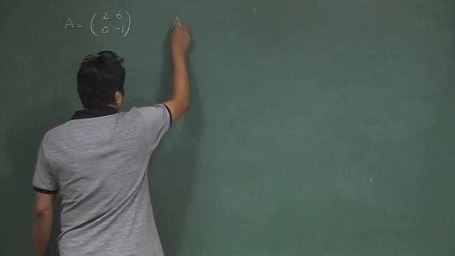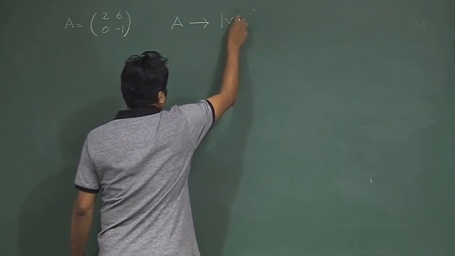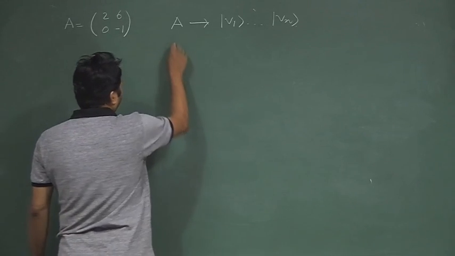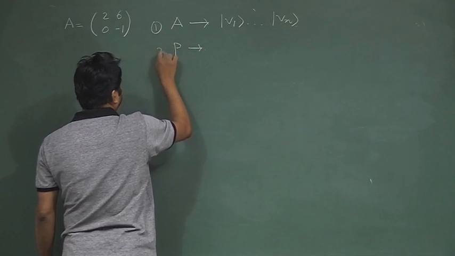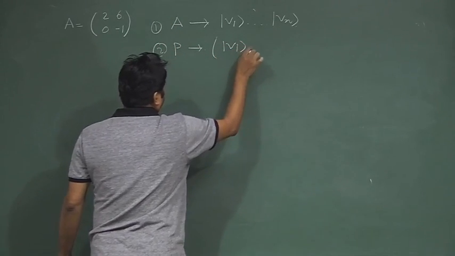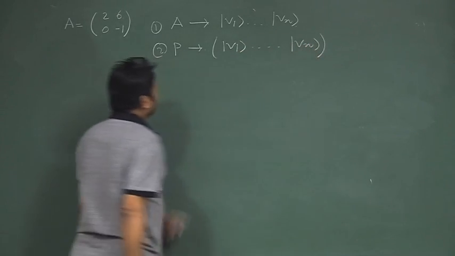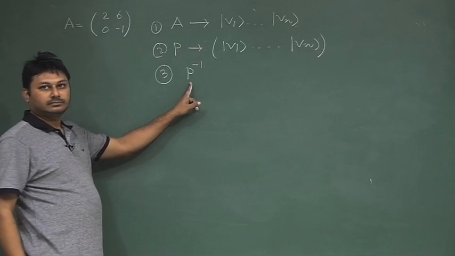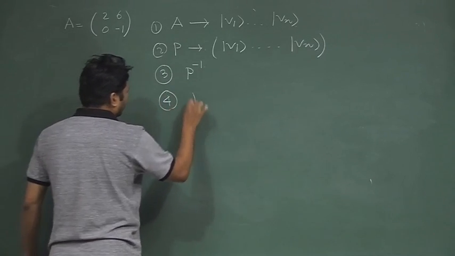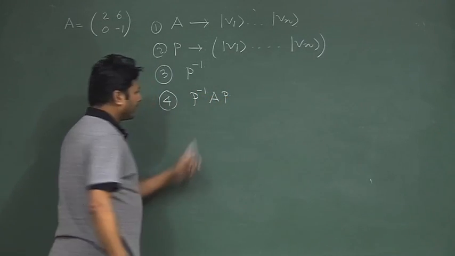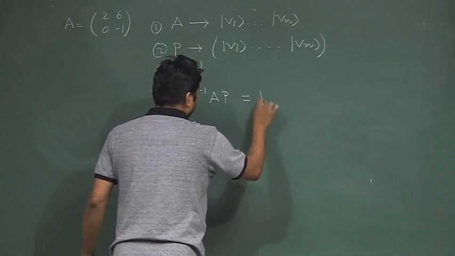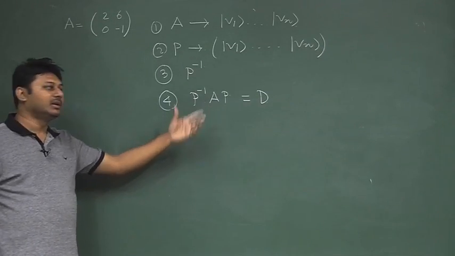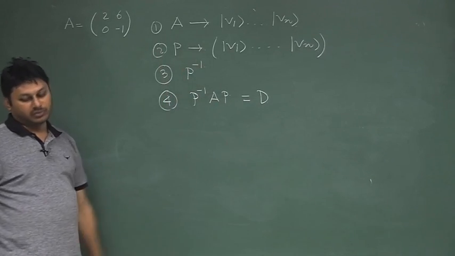If a matrix is given to you, first you calculate the corresponding eigenvectors, and then from these eigenvectors you can form a matrix P. This is step 1, this is step 2, you construct P. Step 3, you need to find out P inverse, and step 4, you make a similarity transformation P inverse A P, which gives you the diagonal matrix, where the diagonal elements are nothing but the eigenvalues of A. This is related to a similarity transform, and P is a matrix that you figure out with this recipe.